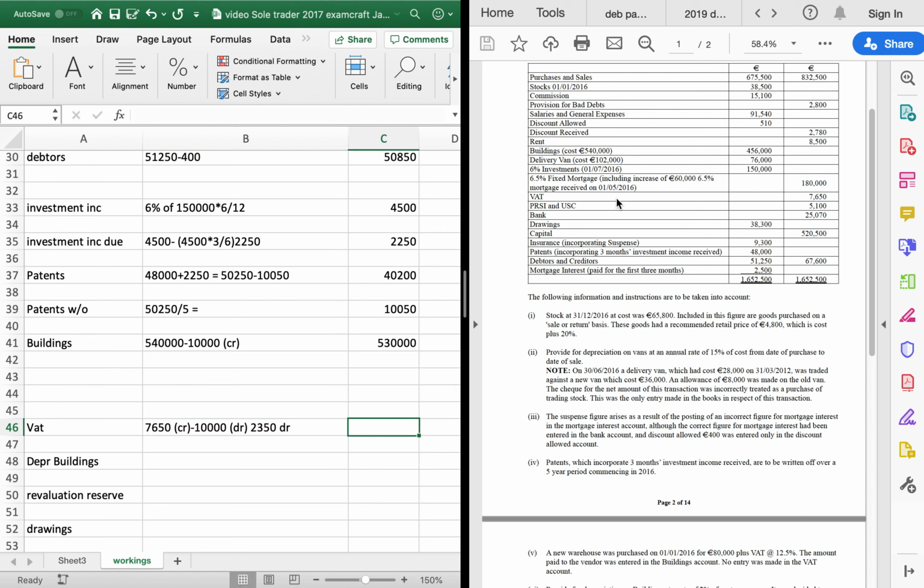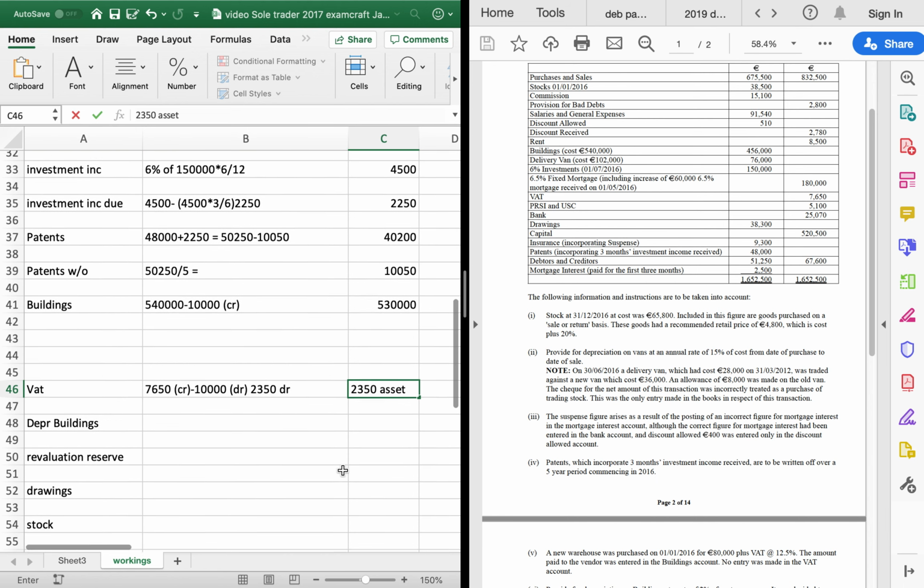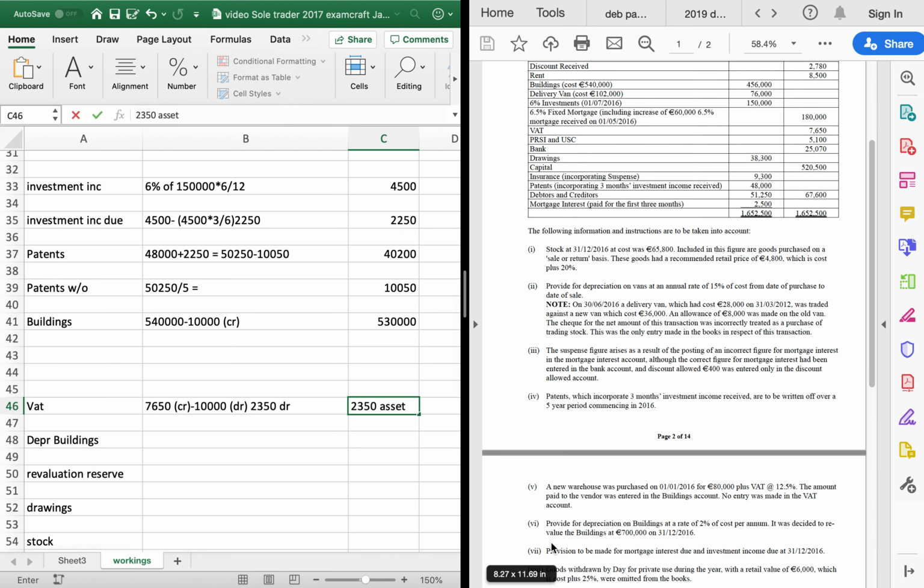So it's turning into being an asset rather than a liability. So it started as a liability of 7,650, but we are going to claim back 10,000. So that 10,000 is owed back to us. So now in effect we're owed in total 2,350. Okay, and that's that working sorted. So it's nice and quick actually, that one. It's one of the good ones.